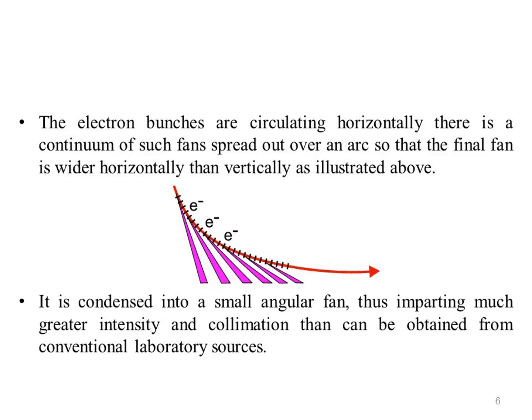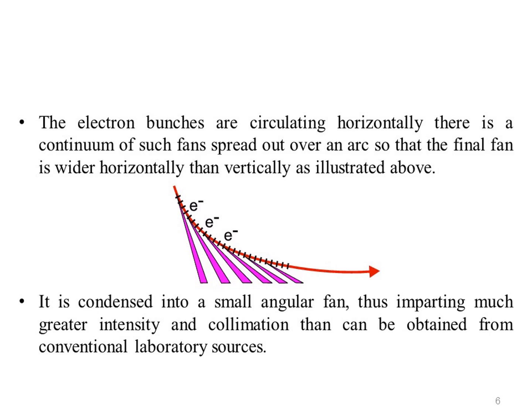It is a consequence of relativity that at such speed the spatial bounds of the synchrotron radiation are contracted to a narrow fan in the forward direction of the electron bunches, typically 0.3 milliradian in the vertical plane.